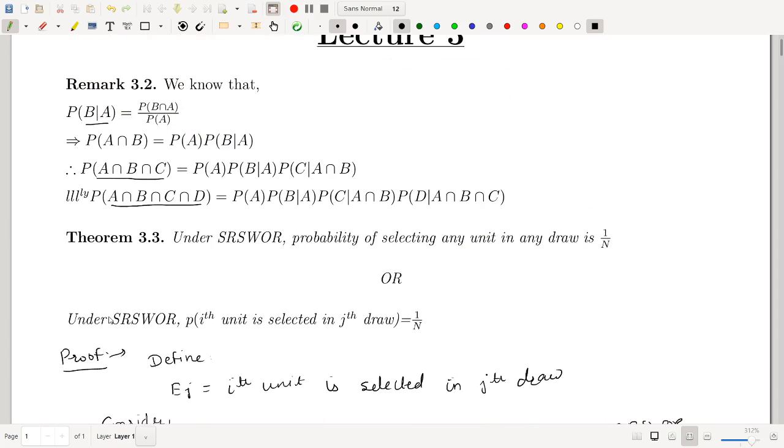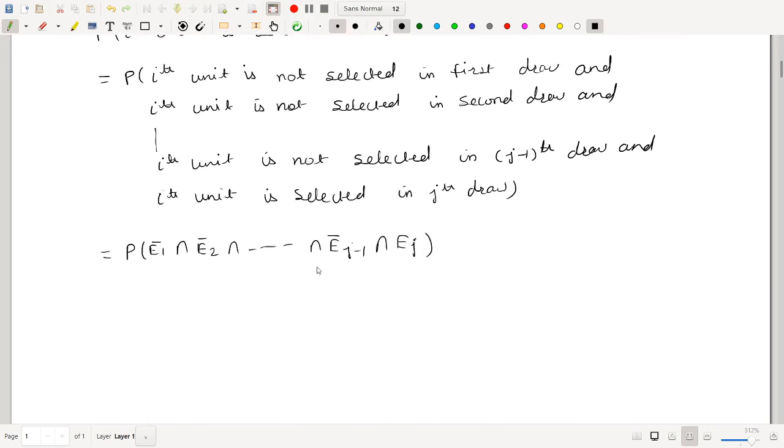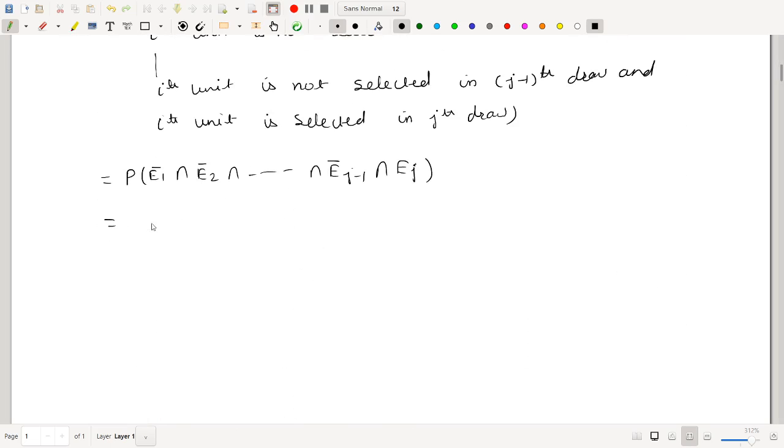Use the remark to write this probability. So if probability of A intersection B intersection C intersection D will be equal to probability of A into probability of B given A into probability of C given A intersection B into probability of D given A intersection B intersection C, use the same logic here. So this is equal to probability of E1 bar into probability of E2 bar given E1 bar into probability of E3 bar given E1 bar intersection E2 bar.